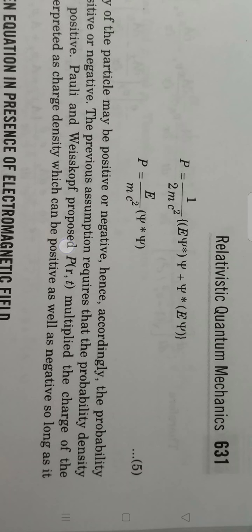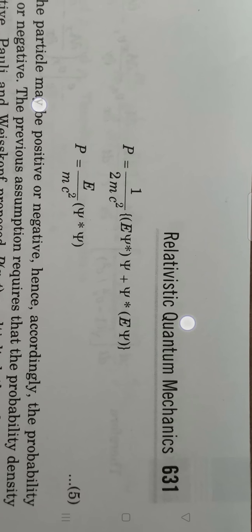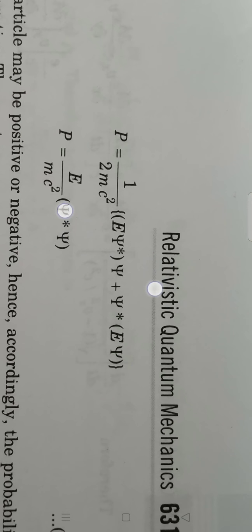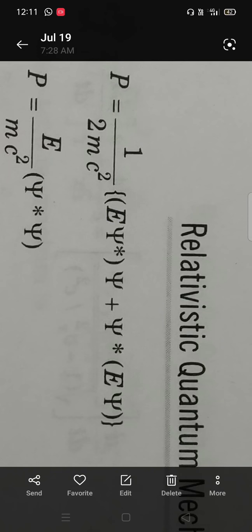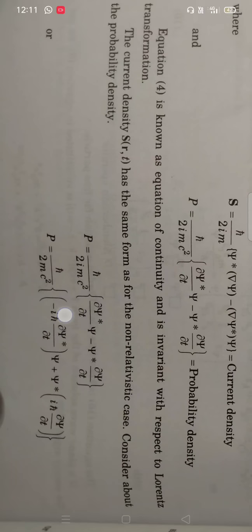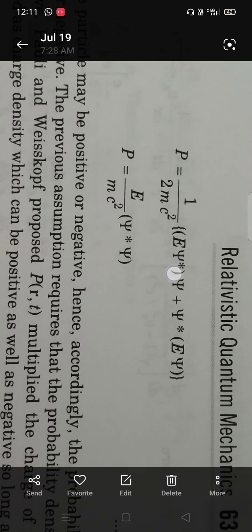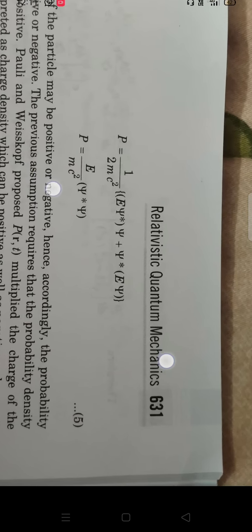This is going to be the energy times, and this is the energy operator. So it is energy times E, psi star psi plus psi star E psi.